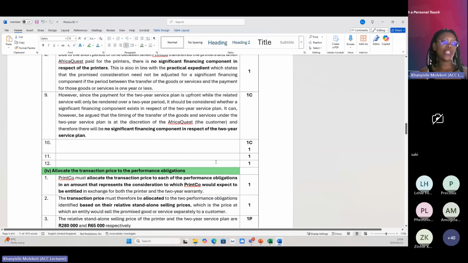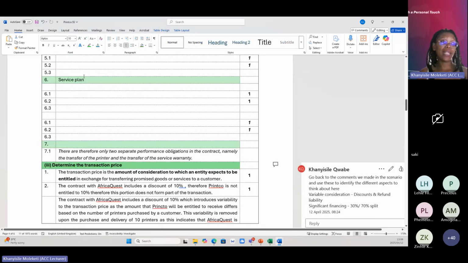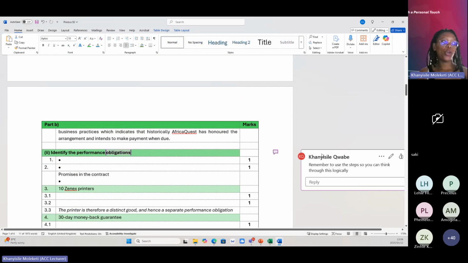On this solution, I've got the different headings, but I've also got notes on what to think about for each of the POs. I hope this will help you when answering the revenue questions. Now that you've got the structure, how do we then keep going? How do we actually respond to each step?